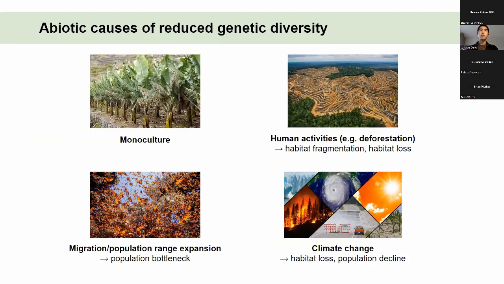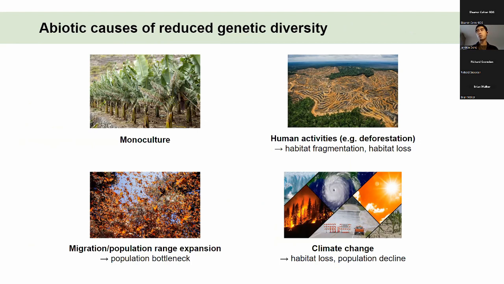And there are many factors that can affect genetic diversity. So the monoculture we have talked about, and also human activities such as deforestation, which will cause habitat fragmentation and habitat loss, and also species migration and population range expansion.